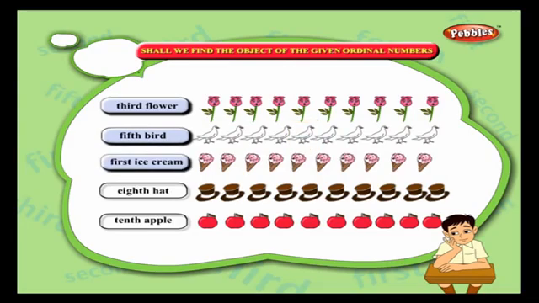First ice cream. Let us find the first ice cream. Start counting. First. This is the first ice cream. Eighth hat. Where is the eighth hat? First, second, third, fourth, fifth, sixth, seventh, eighth.